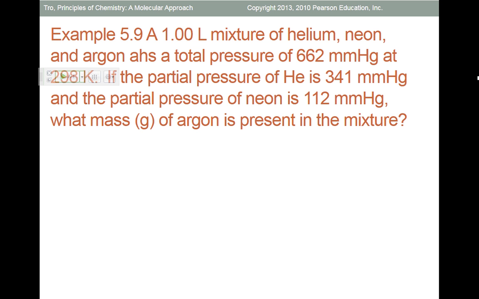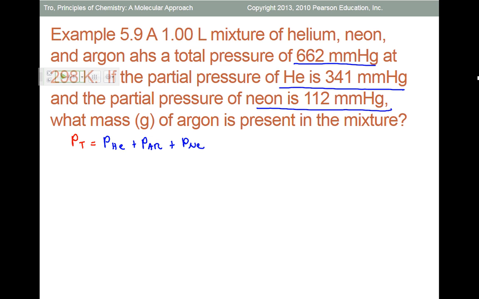So what are we going to do? We are first going to calculate our partial pressure of argon because we know our total pressure is equal to our partial pressure of helium, which we're given, plus our partial pressure of argon, plus our partial pressure of neon. And we're also given the partial pressure of neon.